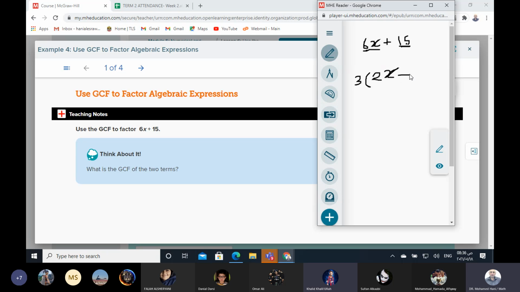Then write plus. Then take the second term, 15 divided by 3 will be 5. So the answer will be 3 between parentheses 2x plus 5.